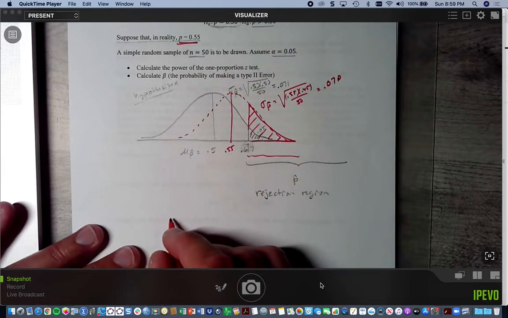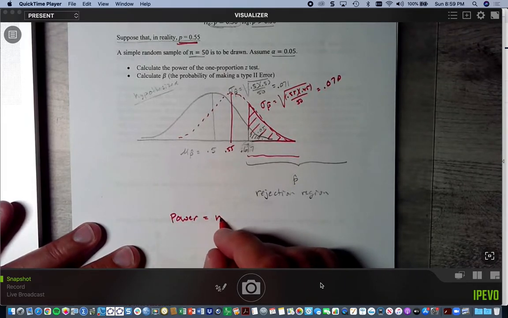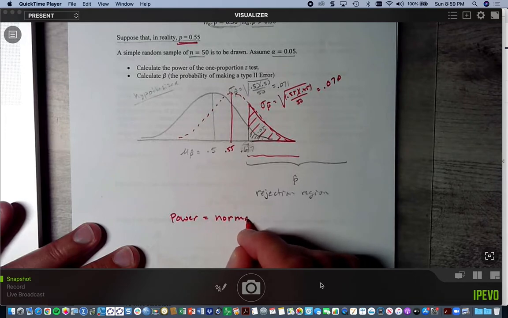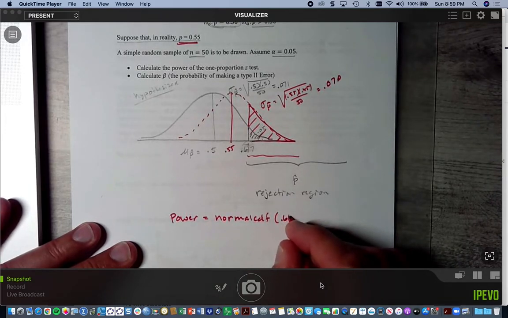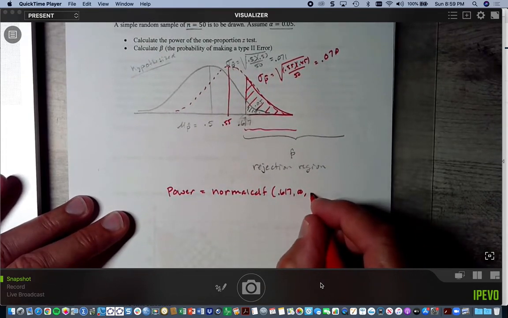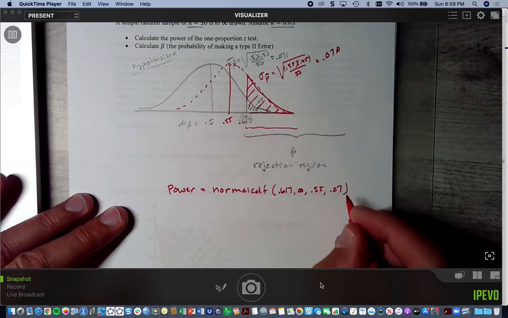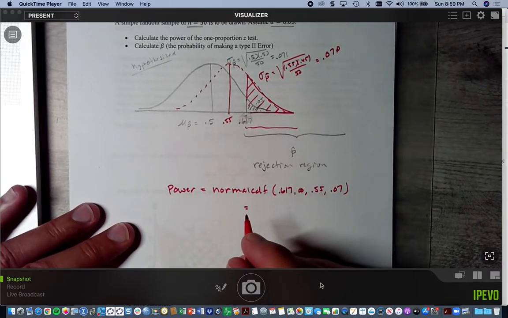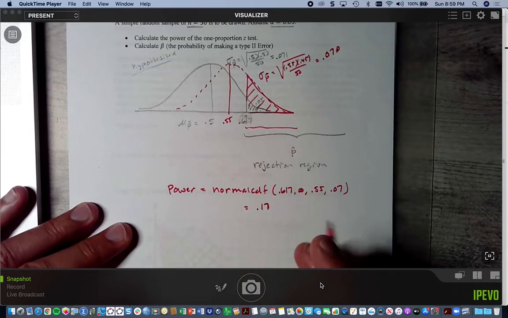So the power of this test is going to be a normal CDF. We're going to go from 0.617 to infinity with a mean of 0.55 and a standard deviation of 0.07. And when I calculate this, I get the power is 17%.